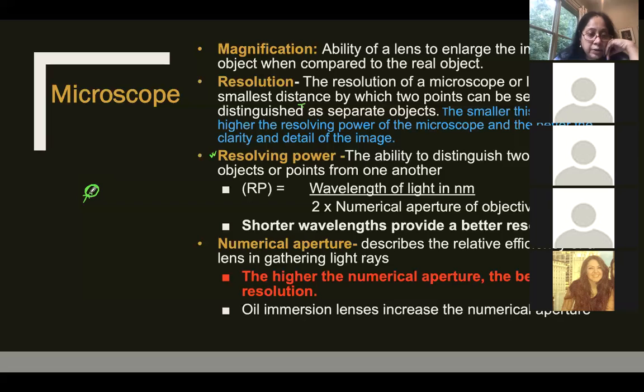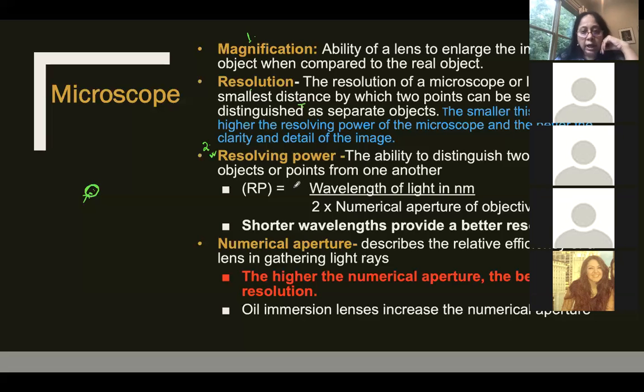And the distance between these two closely related objects, they are very close, but we can still separate them out as two different objects. That quality of the microscope is called the resolving power, and the smallest distance between two objects is called the resolution. So basically, there are two characteristic features of a microscope: one is the magnification and the other is the resolving power.